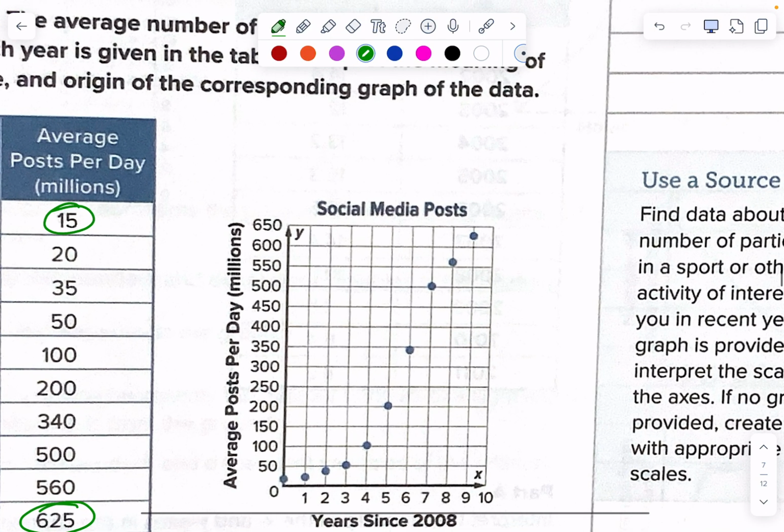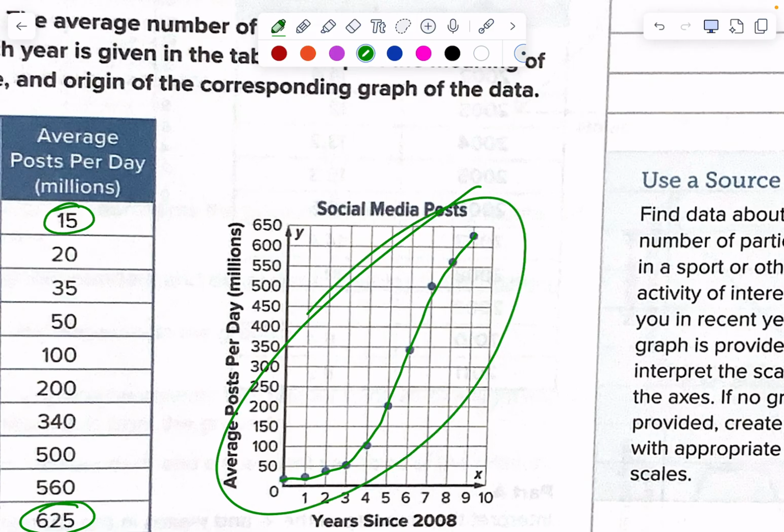So do you see what this is doing? What kind of curve is that taking? Linear? Nope, it's not linear. It's going up really fast. Do you know what that is called?